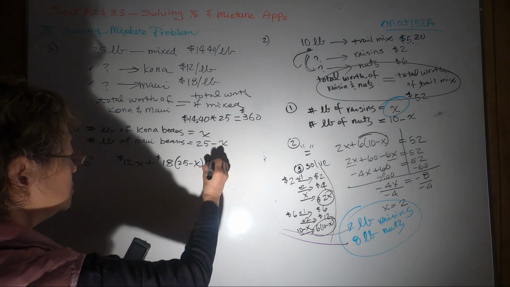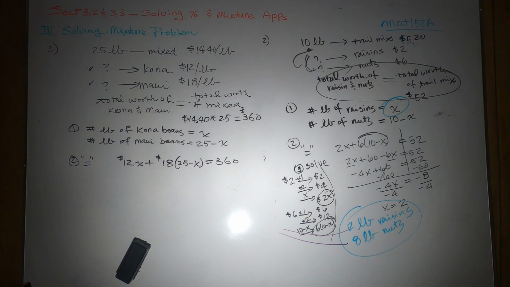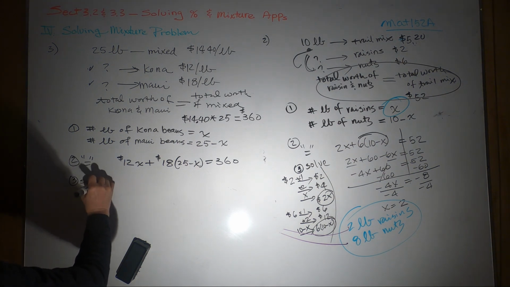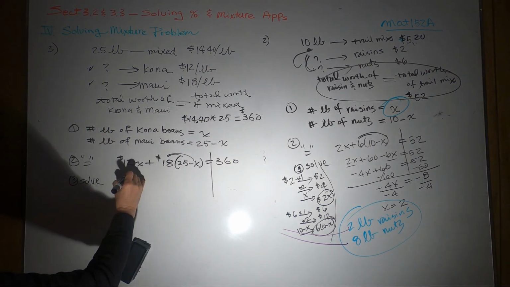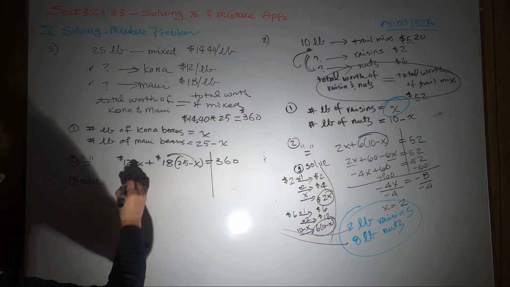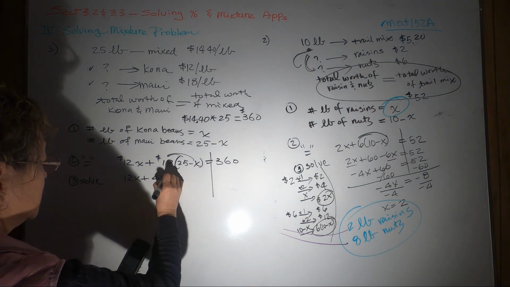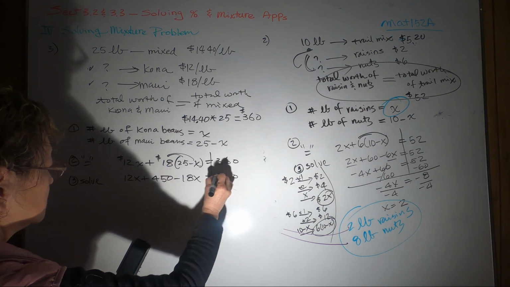Then the total is worth what? $360, right? Then we solve our linear equation. You can do it. So you distribute. So that would be 18 times 25 would be 450 minus 18x equals 360, right?